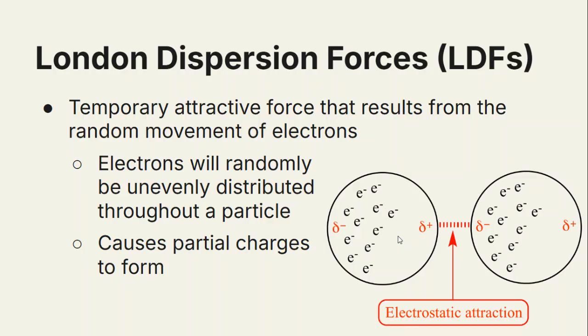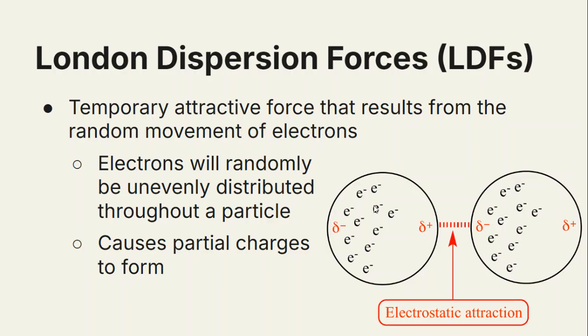So statistically, there is always going to be a chance that electrons are going to randomly be unevenly distributed throughout a particle, meaning there's going to be times where there's going to be more electrons on one side of an atom or one side of a molecule than the other.